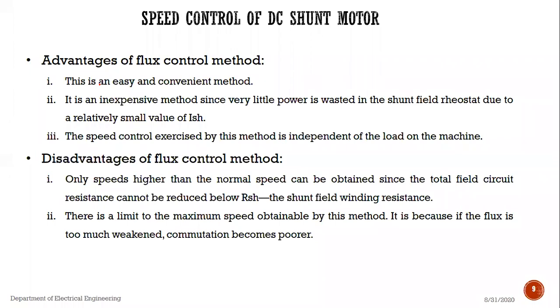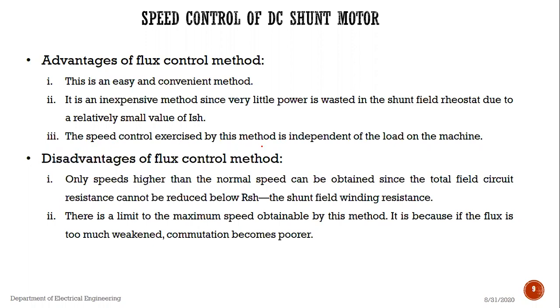Already we know that the value of field current is always very low. So there may be very low losses in the shunt field rheostat which is connected in series with the shunt winding. This method will not have more expenses. So due to that, this method is very advantageous.